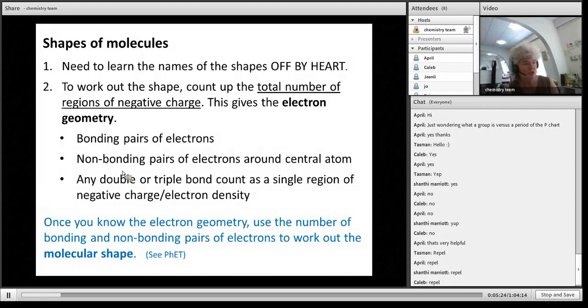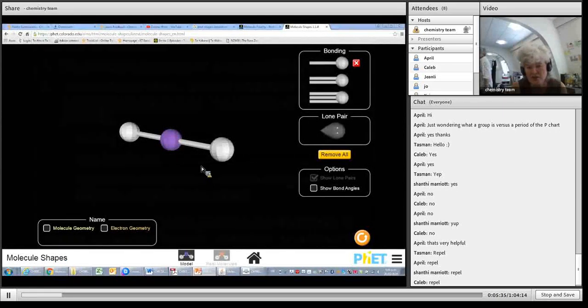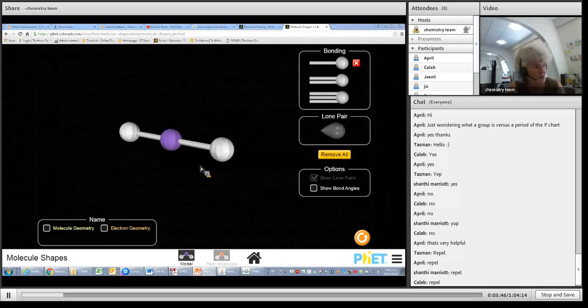So let's do some examples, and I'm just going to get out of here and go to this. This is a PhET animation or simulation. If you just Google PhET shapes, then you will get the simulation, and it should run on all computers because it's HTML, so it should run on Mac and on your Microsoft, and so on.